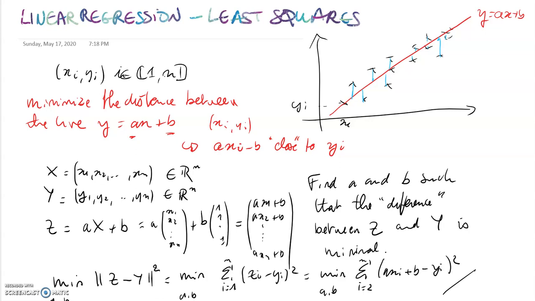All right. But there are many other ways to find the best fit, a nice linear fit for data. And there are other ways to find the solution of this exact same problem, the least squares problem.